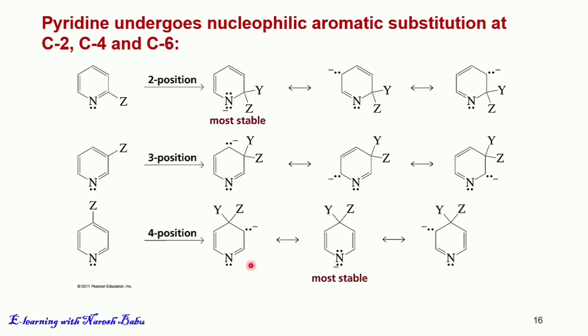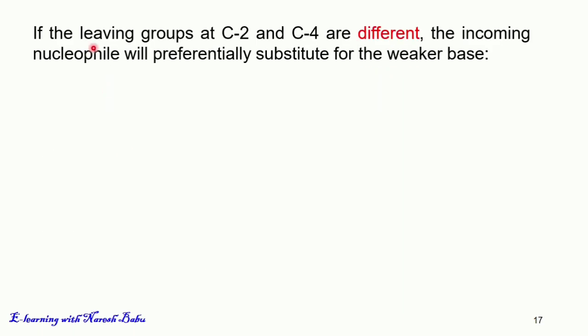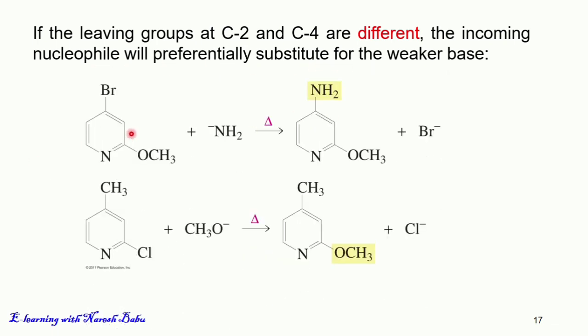So if the leaving groups at C2 and C4 are different, the incoming nucleophile will preferentially substitute for the weaker base. For example, here you can see bromine and methoxy groups are present. When the nucleophile ammonia, that is the NH2 amino group, is attacking, where is the substitution going to take place? Always at the weaker base position.